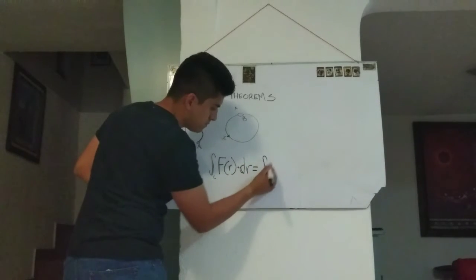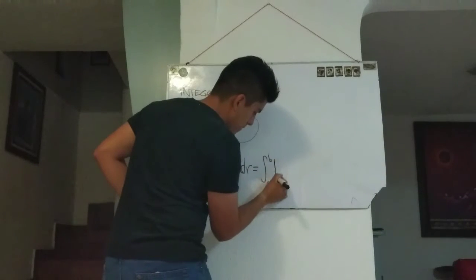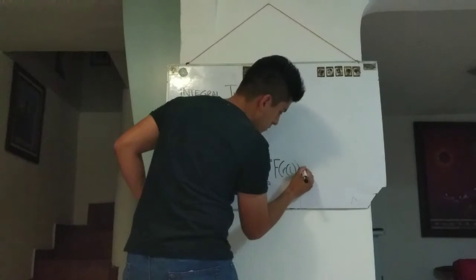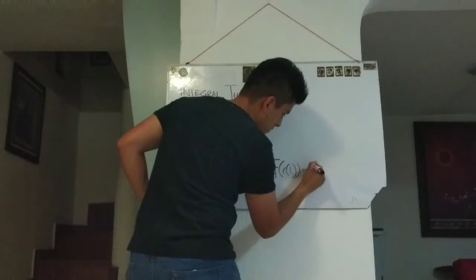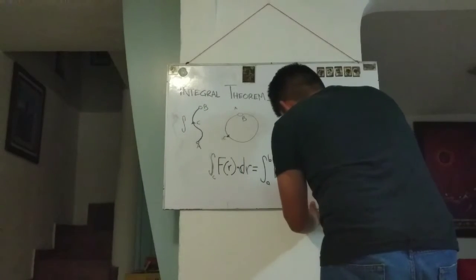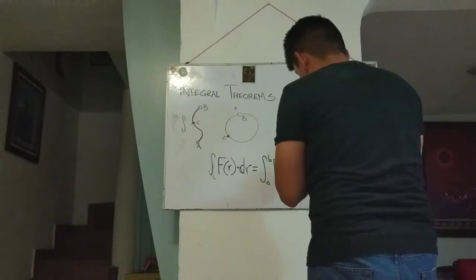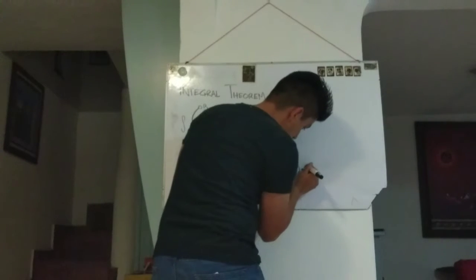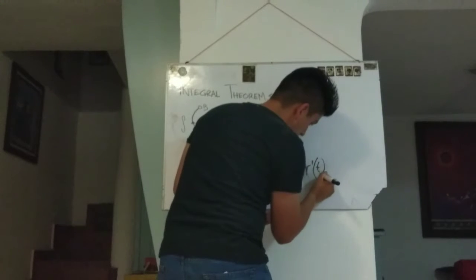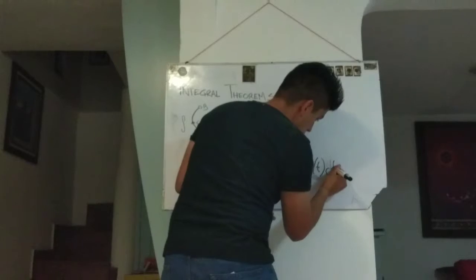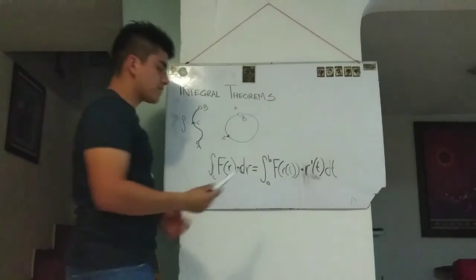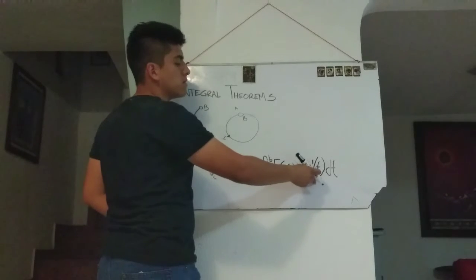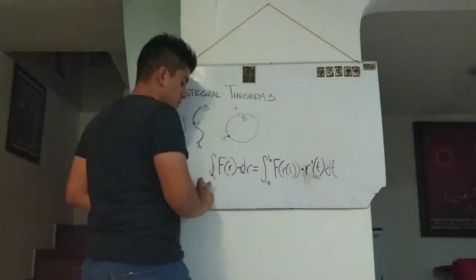This is going to be equal to the integral where we take our function F, the dot product with the derivative of the curve with respect to t. This is the formula we're going to use.